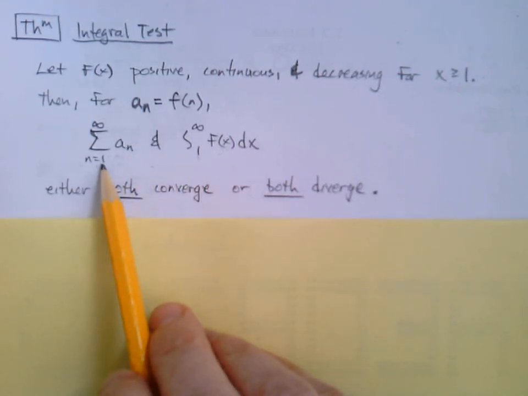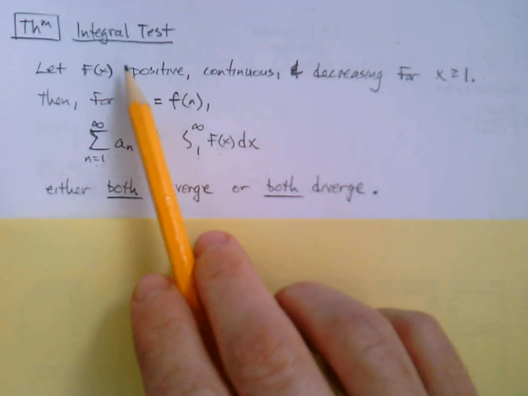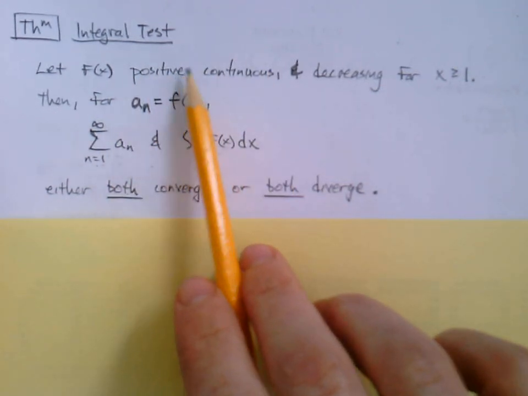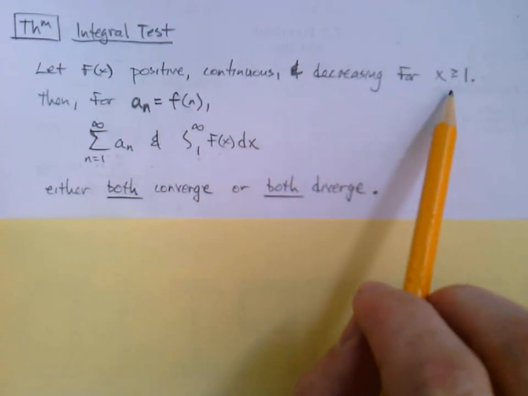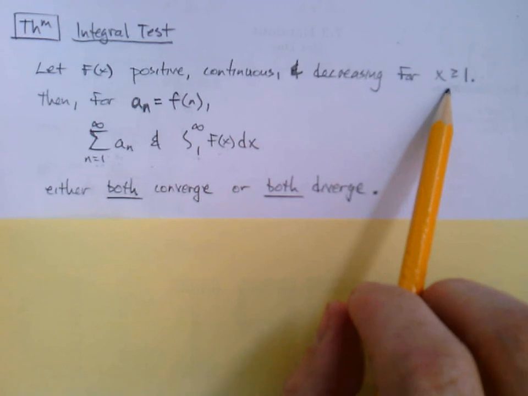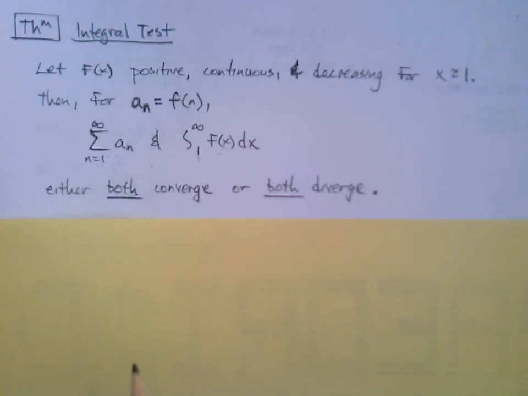So if this started at 0, we'd start the integral at 0. They just need to match. We also say that f of x has to be positive, continuous, and decreasing for x greater than or equal to 1. Well, it doesn't have to be 1. It could be anywhere. We just say 1 by default. But whatever that is, then these have to follow.